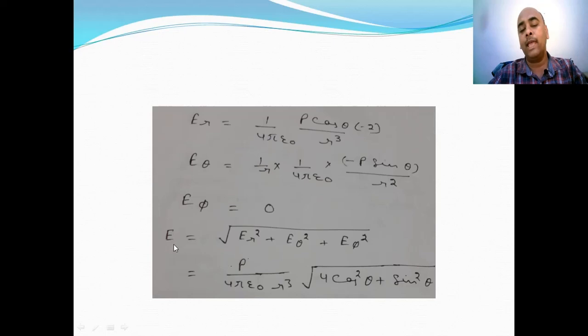So this is the expression of electrical field due to a dipole with dipole moment P at distance r, which makes angle theta with the axis of the dipole.